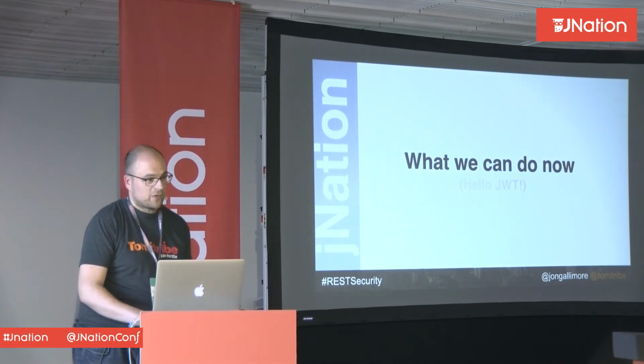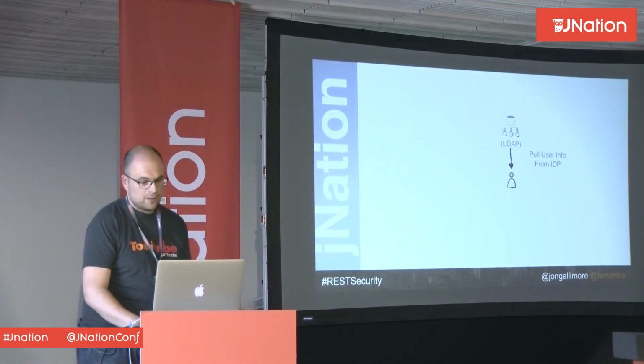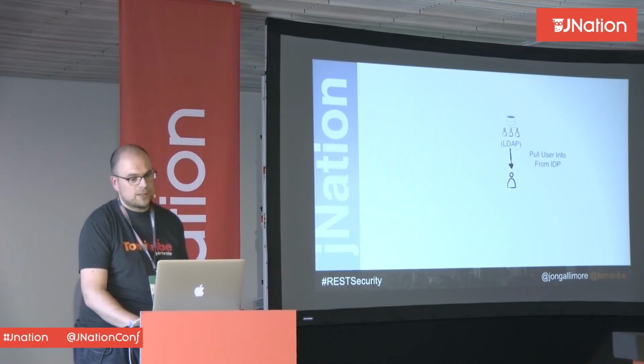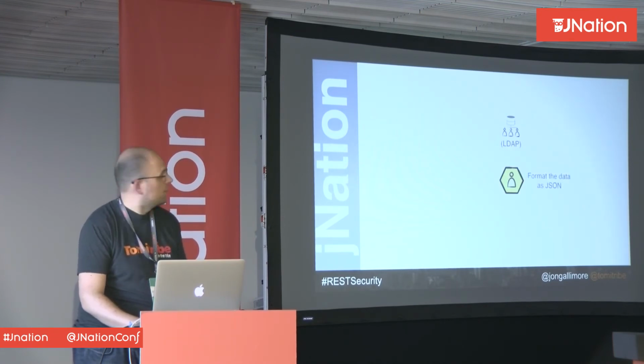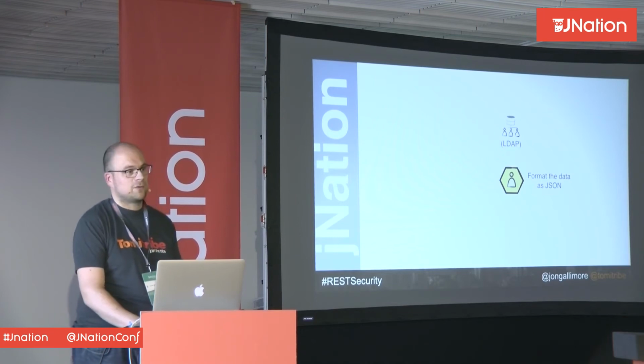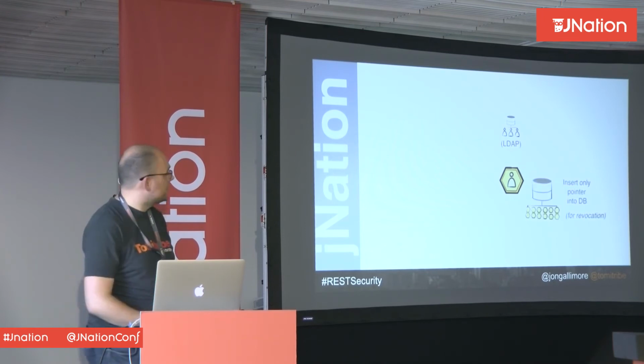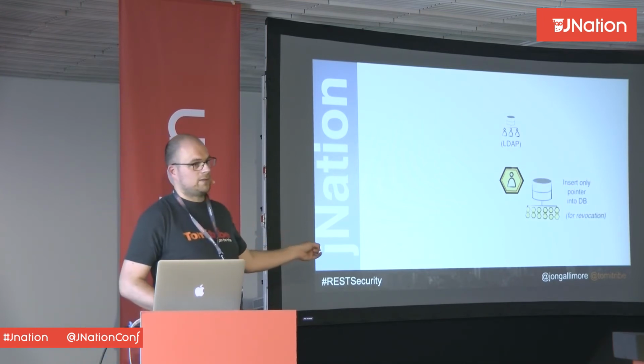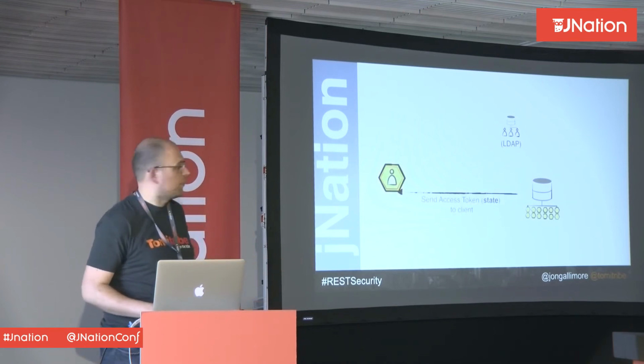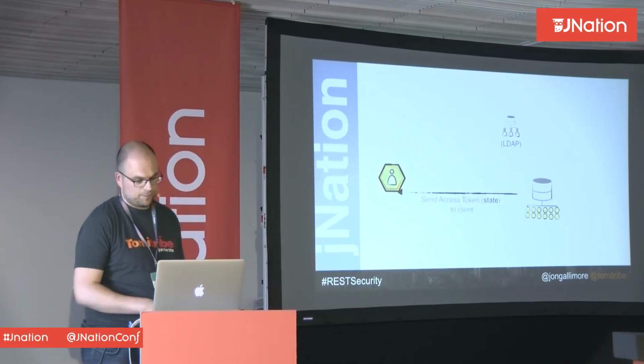With the JSON Web Tokens world, we again do our password grant, we pull the user information from LDAP, we format that data as a JSON map of key-value pairs, we sign that with the private key, we put just the pointer into the database, and we send the whole thing back to the client.